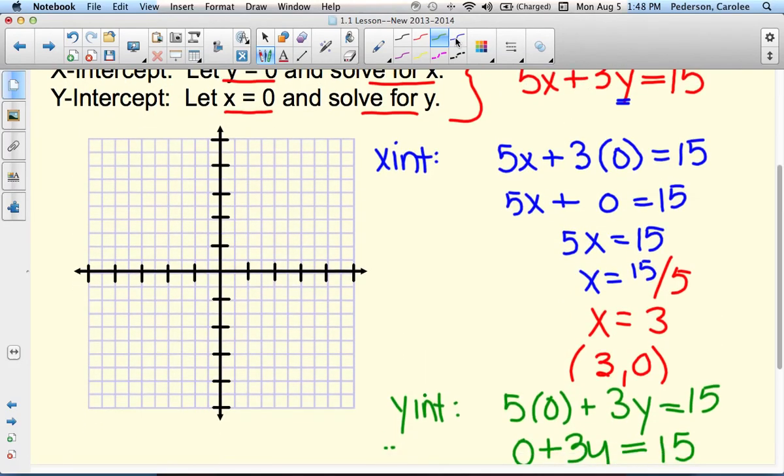All right, let's graph these. The horizontal axis is your x-axis. The vertical axis is your y-axis. Let's put some numbers here: 1, 2, 3, 4, 5, continuing in the positive y direction and then going to the negatives.